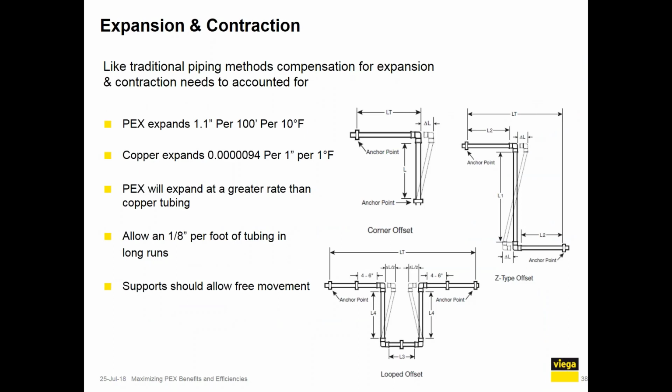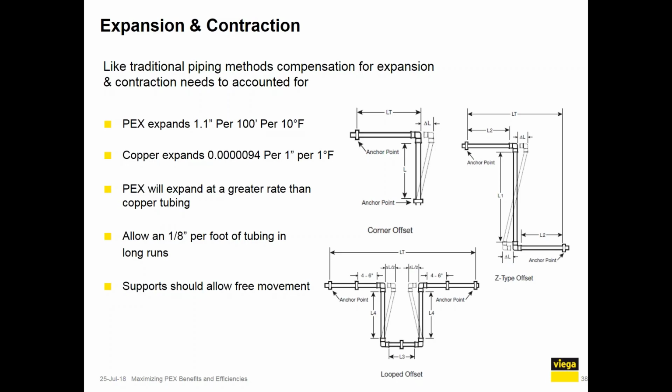Expansion and contraction. There is a difference in expansion and contraction between metal and plastic. So here you see that PEX expands 1.1 inches per 100 feet per 10 degrees of fluctuation, whereas copper is on a much smaller basis. PEX will expand at a greater rate than copper tubing. That must be considered.